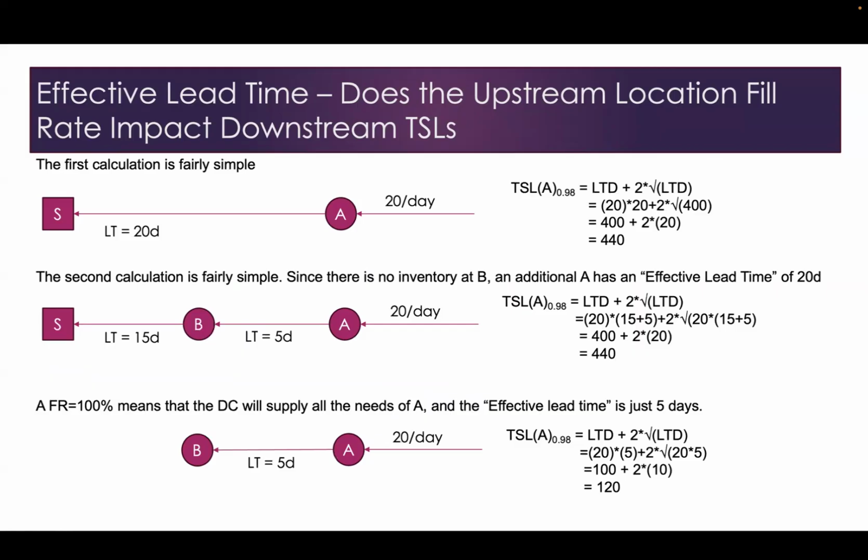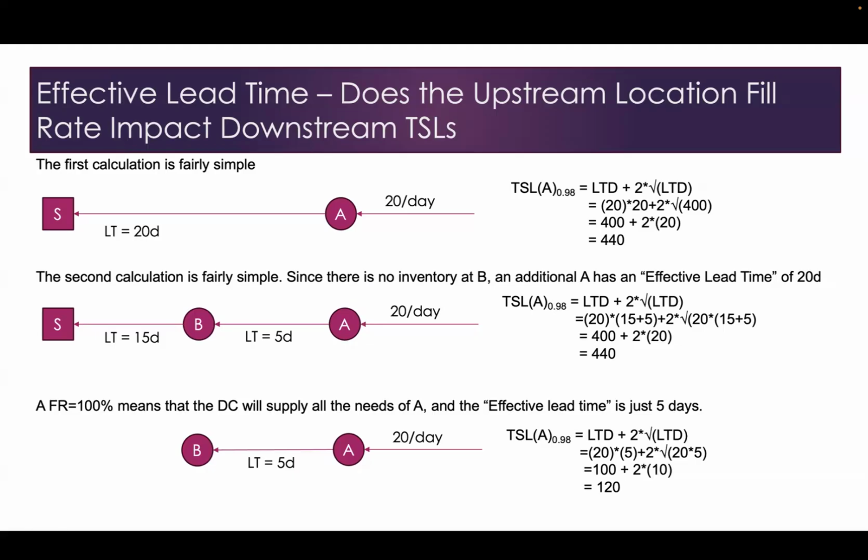Does everybody see that my fill rate at B affects my TSL at A? And I've given you the two most intuitively obvious cases, which you didn't need to know anything fancy about. One is a 100% fill rate, one is a 0% fill rate.